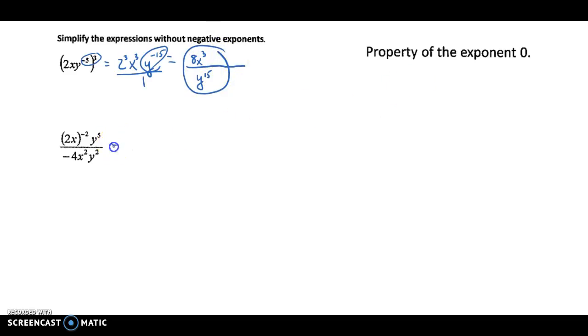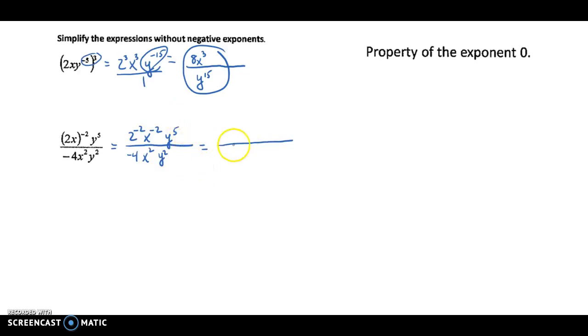Okay? Next example. Right now, when I look at this, that is going to be 2 to the negative 2, x to the negative 2, y to the 5th, over negative 4, x squared, y squared. Now, I'm going to go through each term and ask this to stay or go. It stays if the exponent is positive.